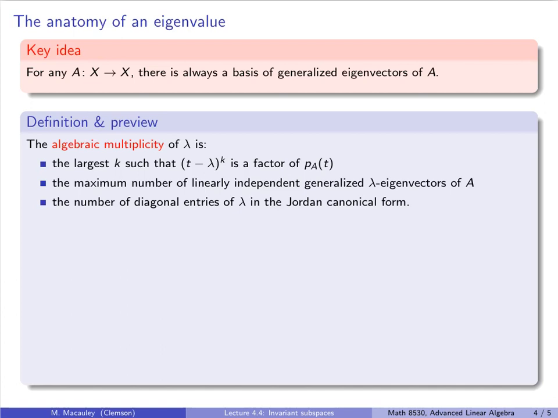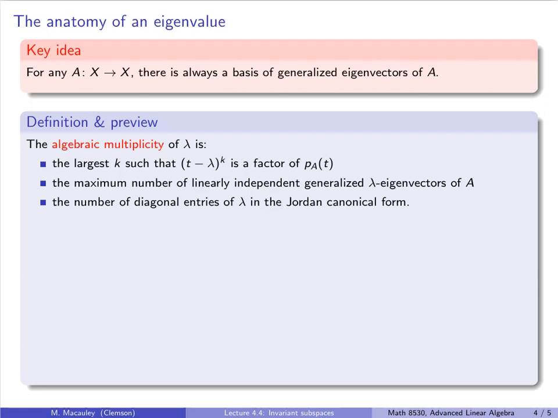Okay, so our first definition is algebraic multiplicity of lambda. That is simply the largest k such that (t minus lambda) to the k is a factor of the characteristic polynomial.